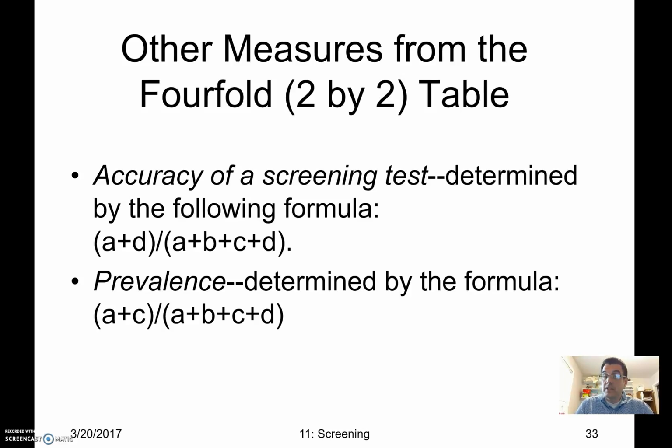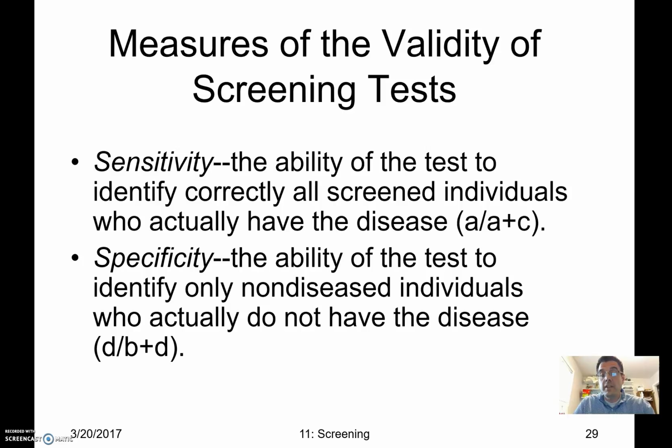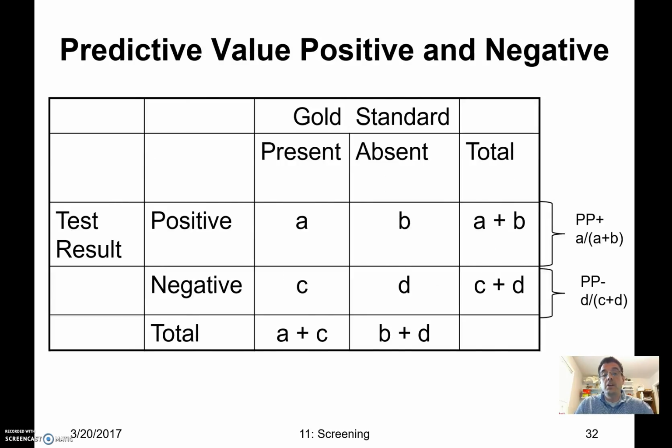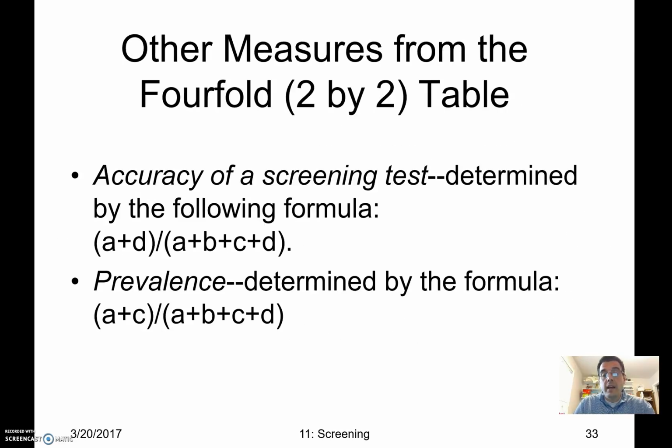These are the new calculations that you need to be comfortable with. So you need to be comfortable with calculating sensitivity, specificity, predictive value positive, predictive value negative, accuracy, and prevalence. The reason this is important is that this is what makers of screening tests, be it behavioral type analyses or biological type tests, are looking for at any given time.